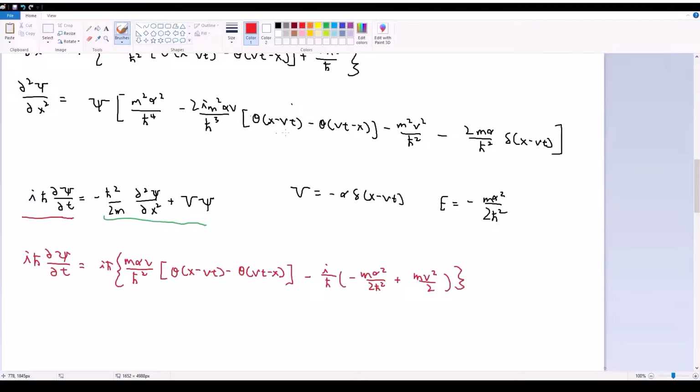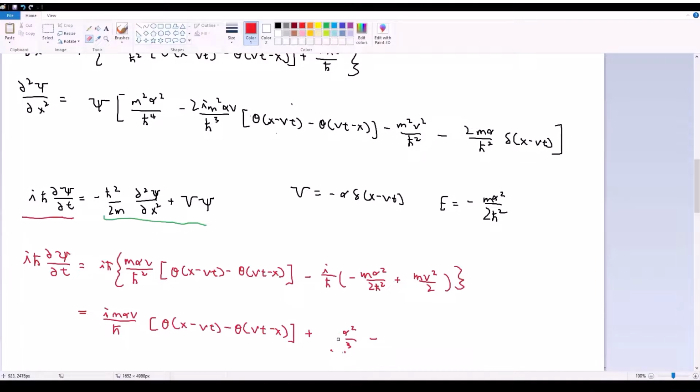And at this point, we just have to distribute things in. So we have i m alpha v over h bar times theta x minus vt minus theta vt minus x, and then added with, sorry, I just had a bit of a blank right there.